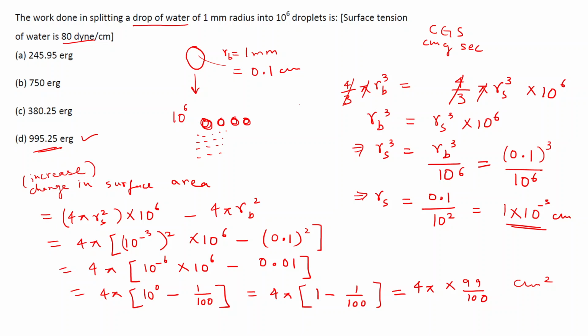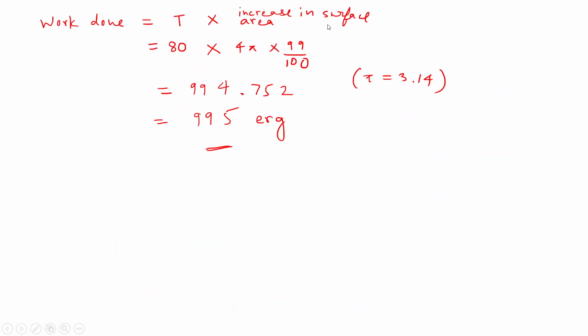The work done, or the energy we have to supply for that splitting, we calculate by surface tension times the change in surface area, given by this formula. Based on that, we calculated the work done to be 995 erg.